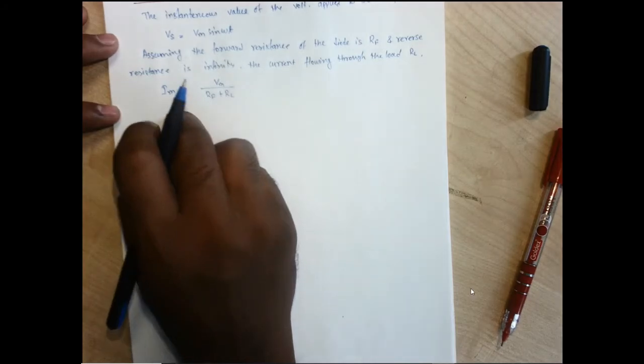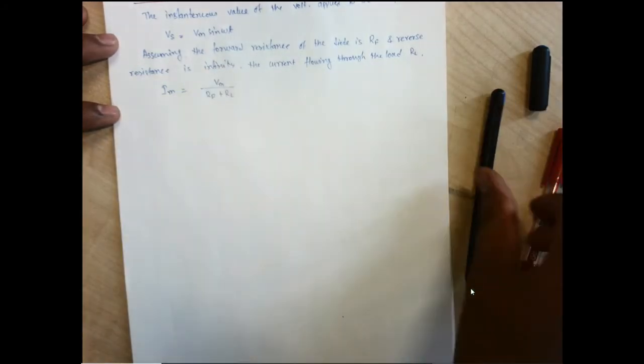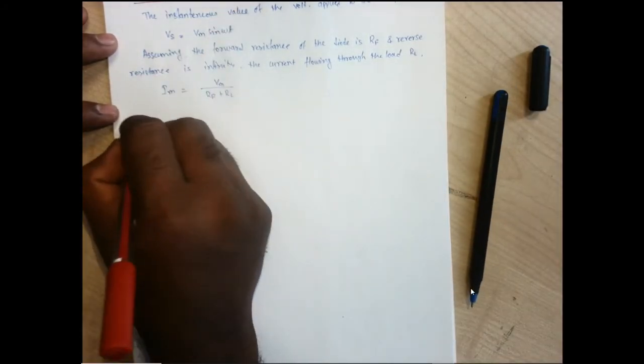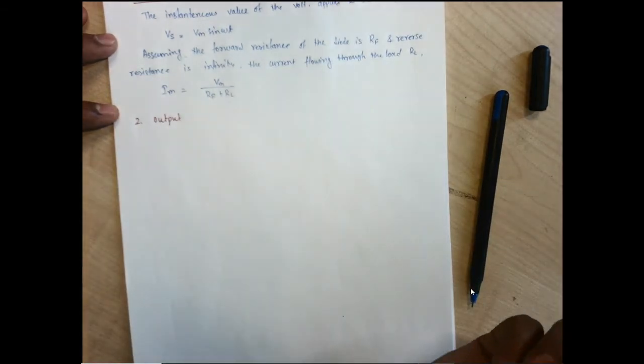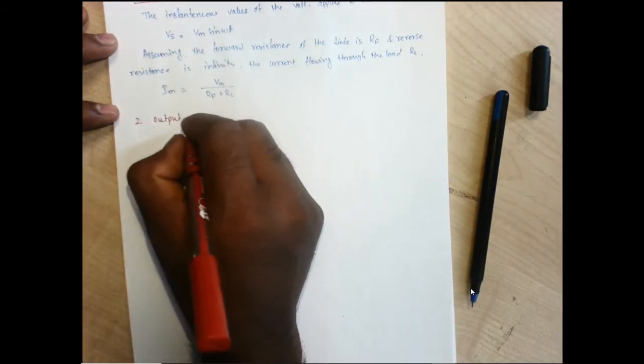That is the peak current available in a rectifier circuit. Now output current. Output current means the converted DC value of the current.